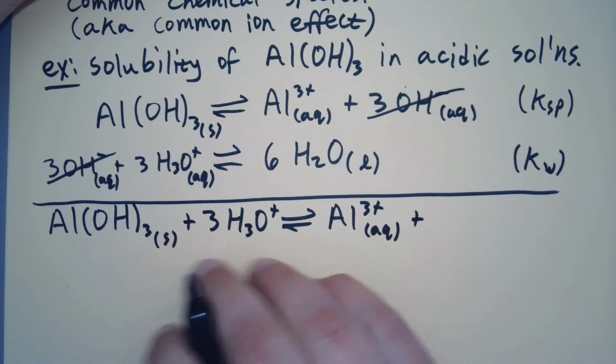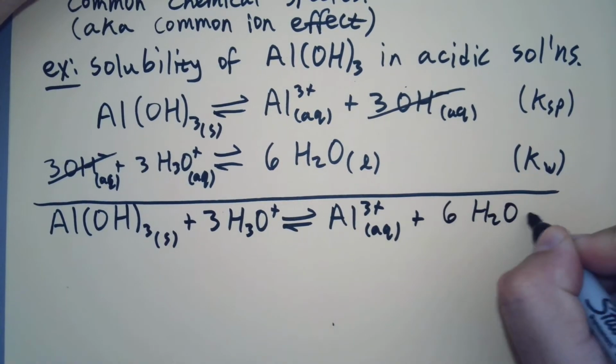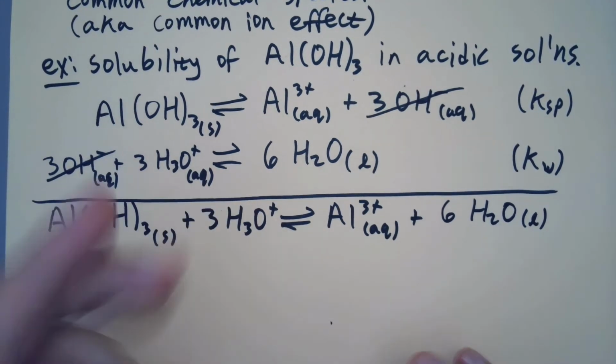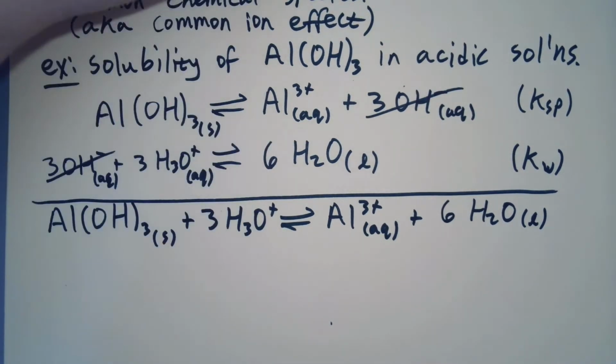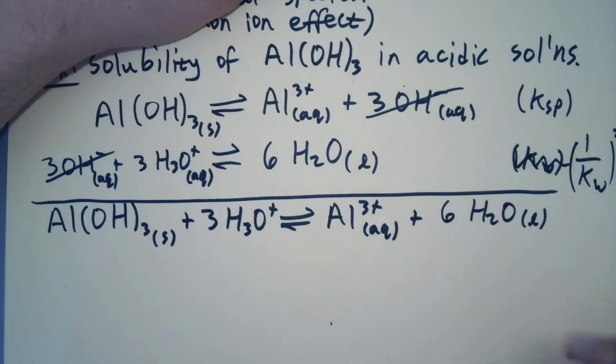So we get that, and we get 6 waters. Okay? So we have a new combined equilibrium expression. So that's why I tripled it and flipped it, so I could cancel the OHs. Alright? And so this actually isn't KW, because I flipped it, it's 1 over KW, and then I tripled it, so it's cubed.